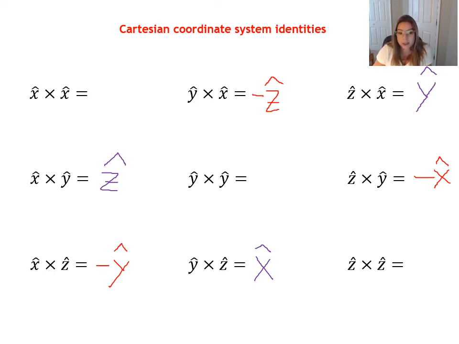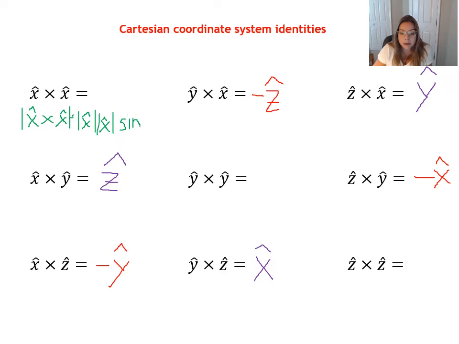The last 3, notice that you have x crossed with x. That's a unit vector being crossed with itself. If you think about the norm of the result of this cross product, the norm of x crossed with x, that would be the norm of the first vector times the norm of the second vector times the sine of the smallest angle between them.